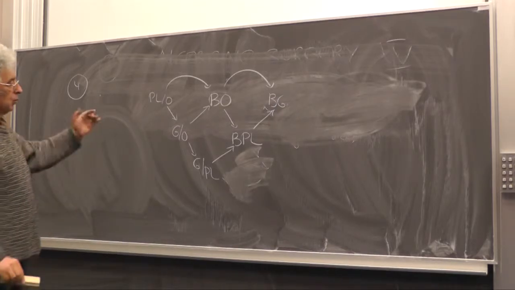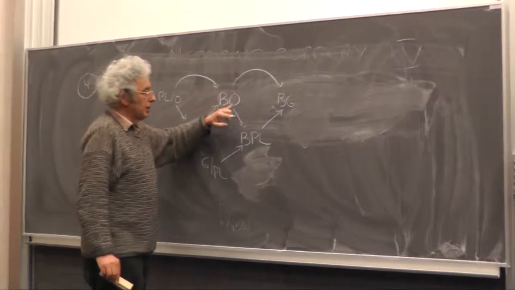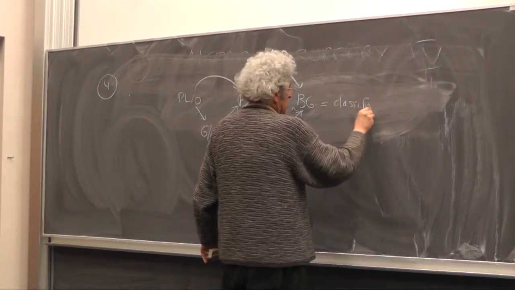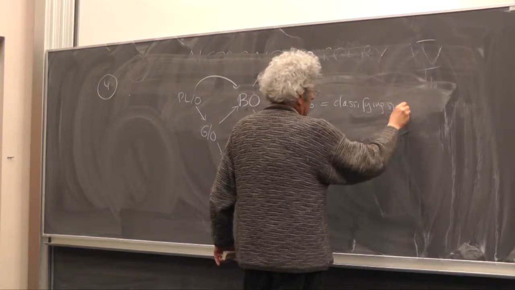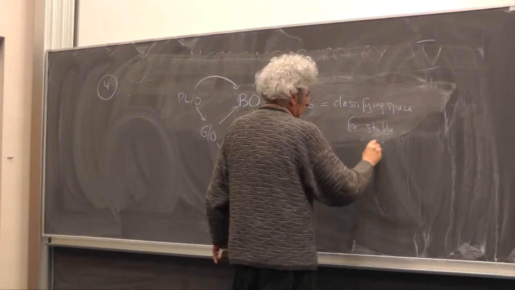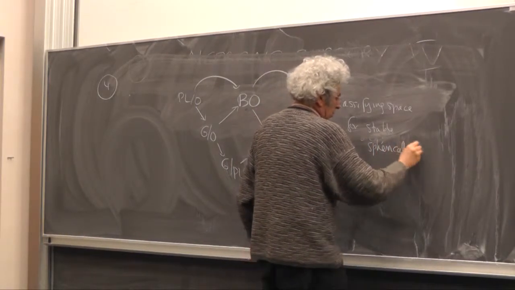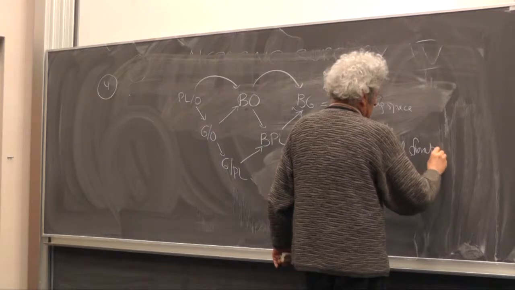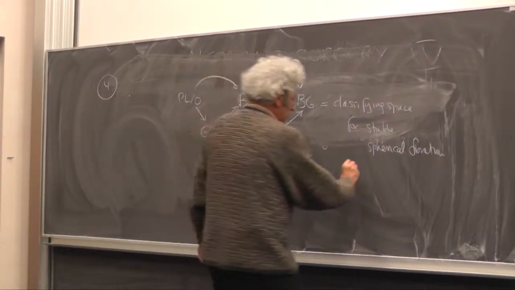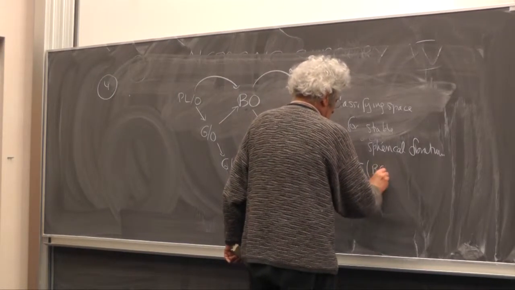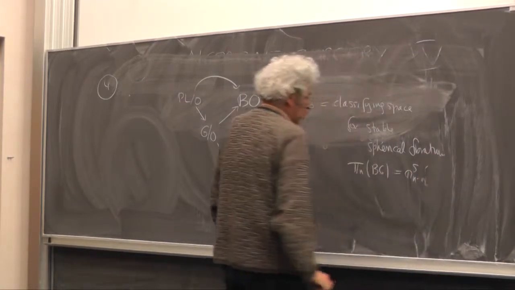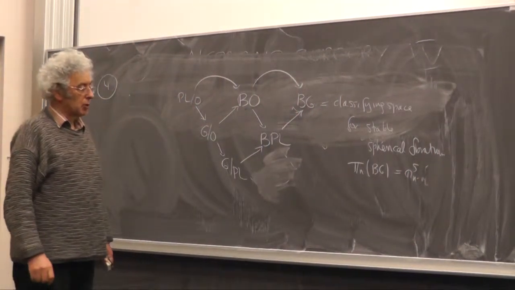So we have various groups. We've got the K groups of vector bundles. BG is the classifying space for stable spherical fibrations. So they are the homotopy analogues of vector bundles, and they have the very good property that the homotopy groups are the stable homotopy groups of spheres.